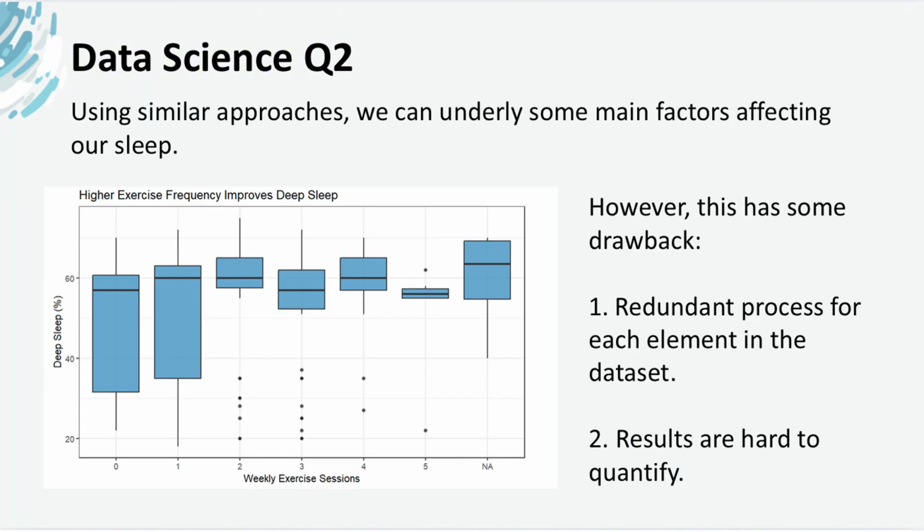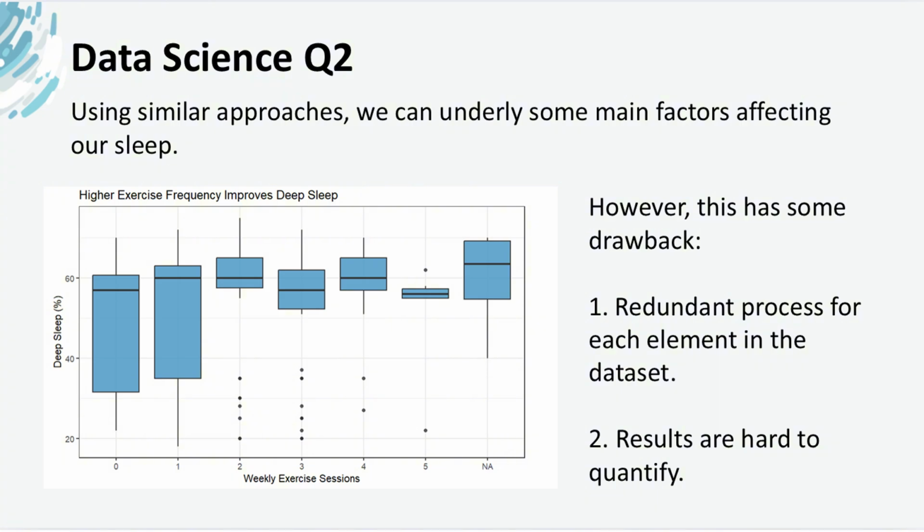For the second question, discovering the underlying factors affecting our sleep, we can use similar approaches as the first question, using data visualization to depict a graph. As you can see here, this is what we've done on the screen. However, this may have some drawbacks.